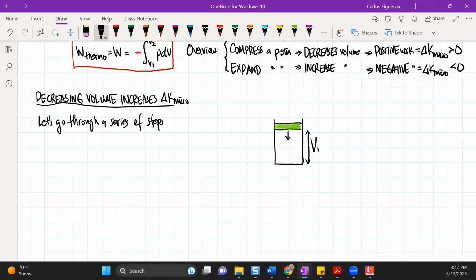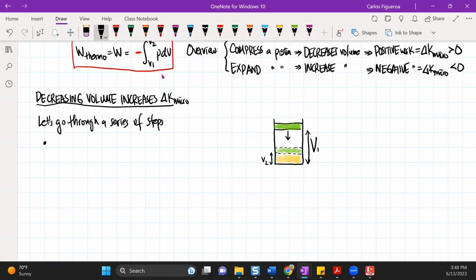And then if I compress it, let's say I get to right here, of course that volume is then going to be smaller. So I'm compressing the gas in this situation.